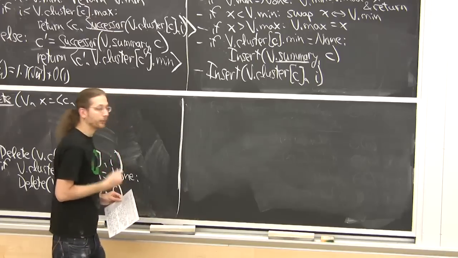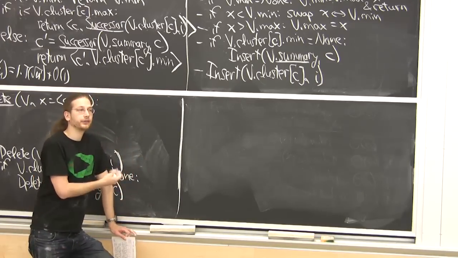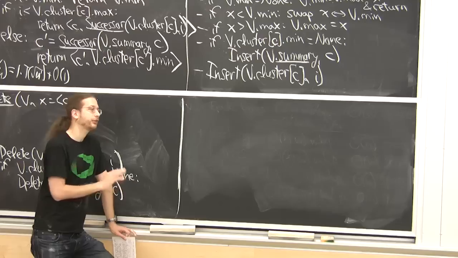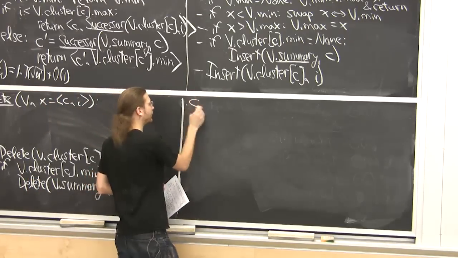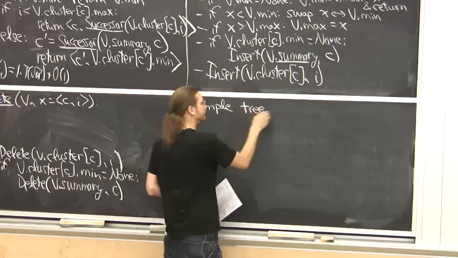But what I like about both of these papers is they offer a simpler way to get log log u predecessor. Let's not worry about insertions and deletions for a little bit, and take what I'll call the simple tree view.